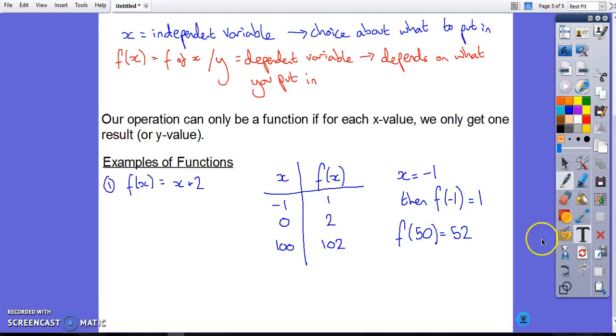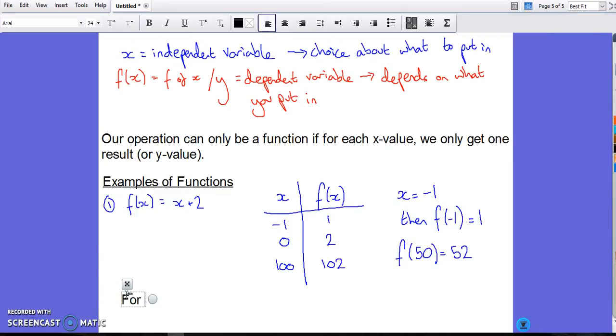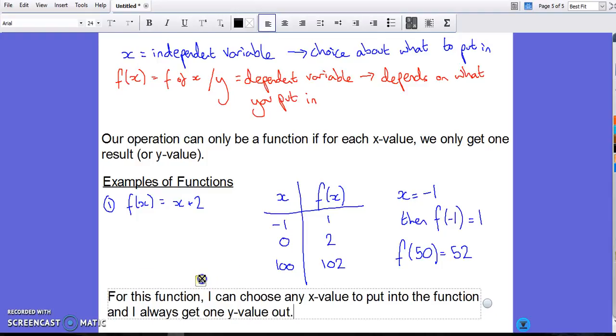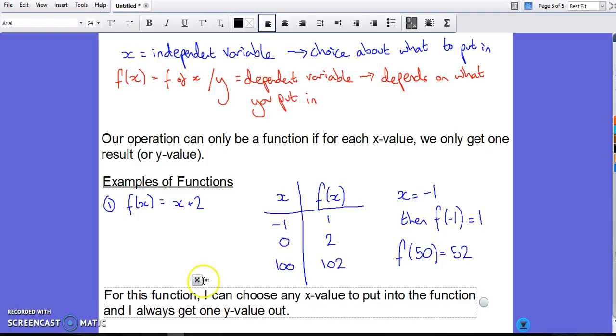So for this function, I can choose any x value to put into the function, and I always get one y value out. So it works as a function. Every time I put one number in, there's only one possible number I can get out. And this works for any x value that I choose.